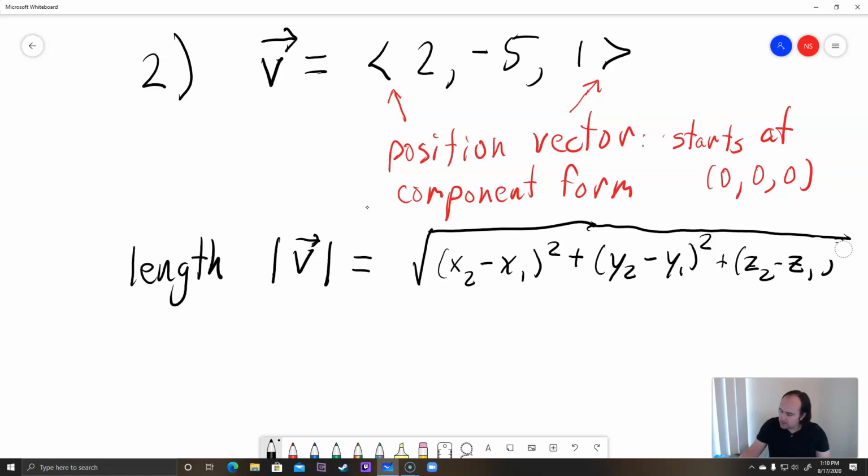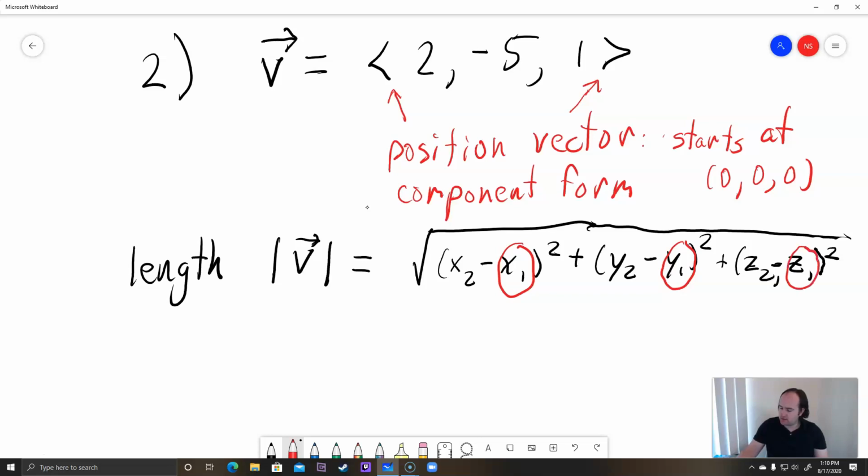So once you get comfortable with these, you're going to realize that it's actually a lot easier to find the length of a vector when it's already written as a position vector. Because what does that mean? Well, that's the 0, 0, 0. That's actually going to be our x1, y1, and z1.